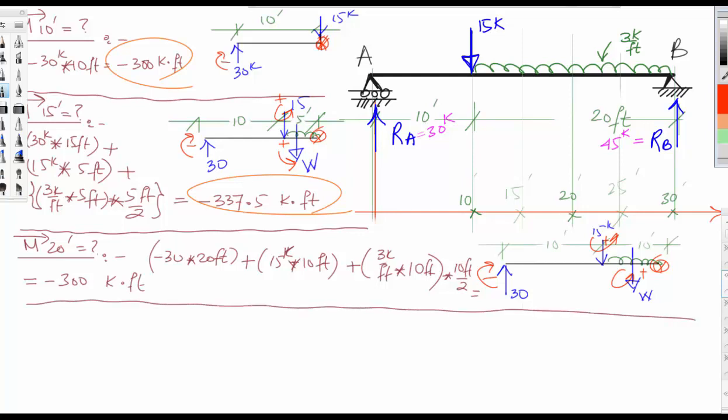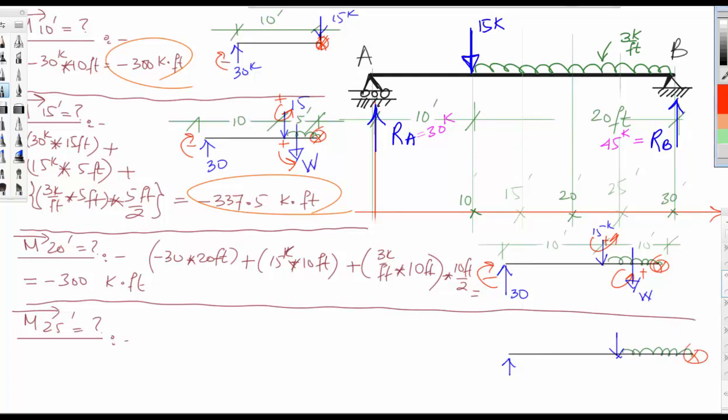Then we'll do a distance of 25. A distance of 25 feet is equal to how much? Same. We'll do the sketch, which is the same. This is the uniform load, and this is the point.